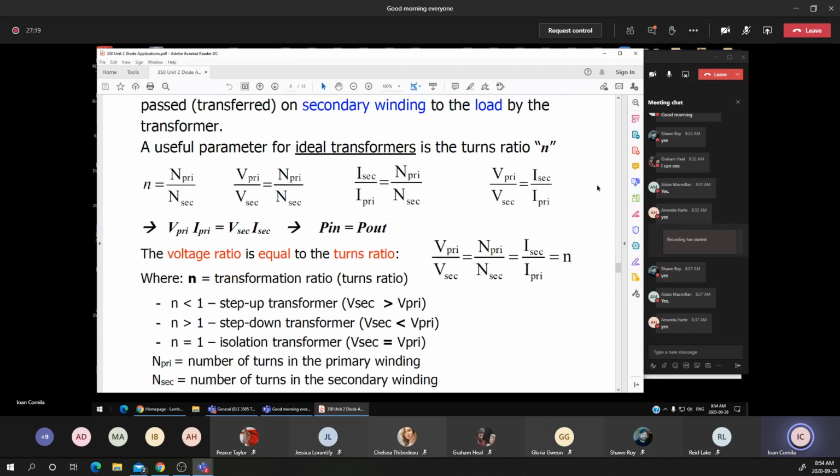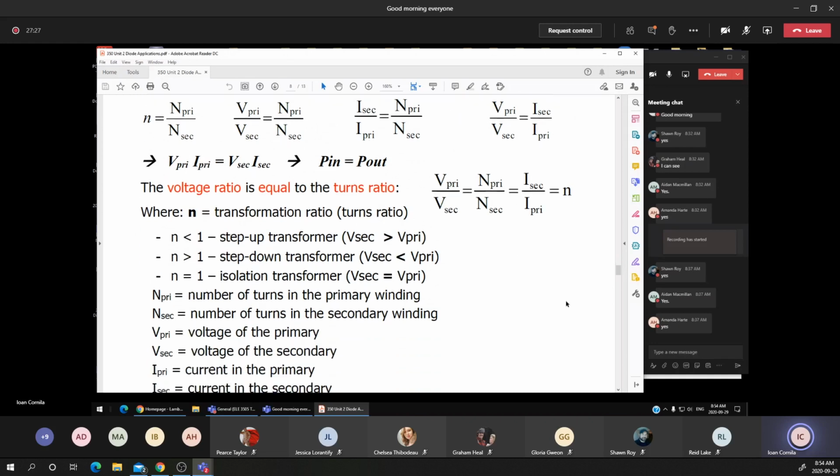Now, there are always some losses associated with any electrical machine. To put them together, and that's one of the equations that will be given, the ratio of the primary voltage over the secondary voltage equals the number of turns in the primary winding over the secondary winding, which is equal to the current in the secondary winding, pay attention to that, over the current in the primary winding.